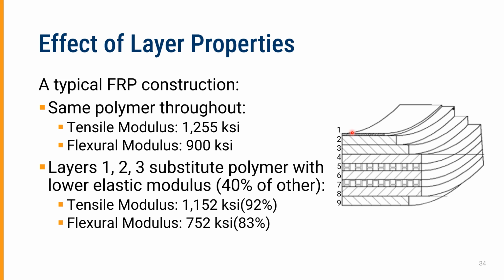Now, because this is also probably about 85% polymer, it makes very, very little, if any, contribution to the tensile modulus. So the tensile modulus is going to be about the same. And it is. It's 92% of the original one. But the flexural modulus is reduced to 83% of the original one. So you can see the beginnings of the effect of the polymer.